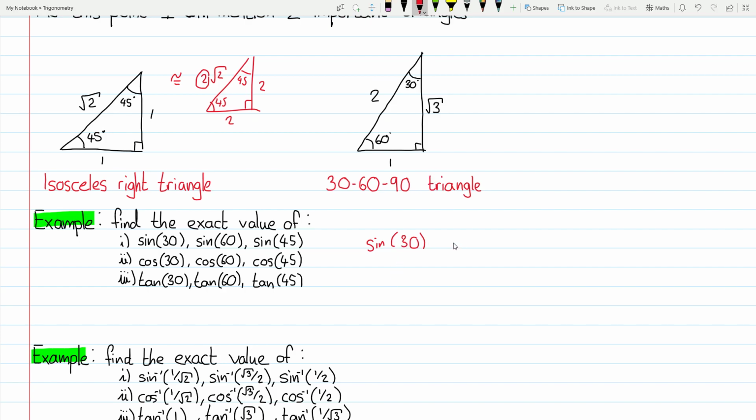And because it's a sine, sine is going to be opposite over hypotenuse. That's the definition. And for the 30, 60, 90 triangle, our opposite side is going to be 1, and our hypotenuse is going to be 2. So sine of 30, the exact value, is a half.